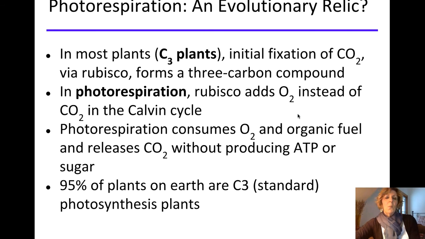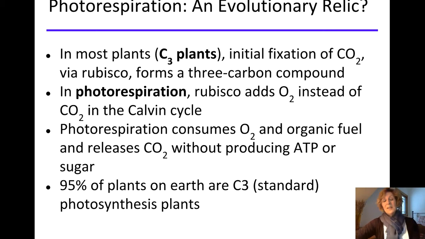And you might say, well, what is the problem? Here is the problem. Rubisco would rather fix oxygen than CO2 in the Calvin cycle. In other words, if you have Rubisco, which remember that's the enzyme that is going to fix CO2 to RuBP, if oxygen is around, it will grab oxygen and try to put that on the RuBP.